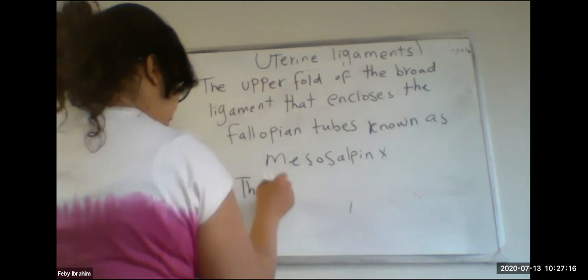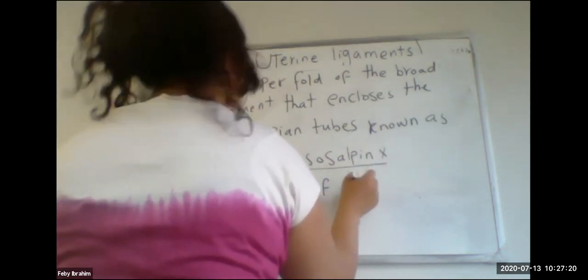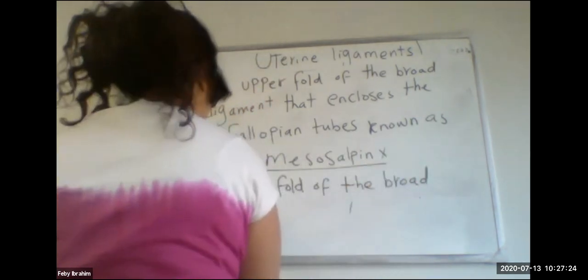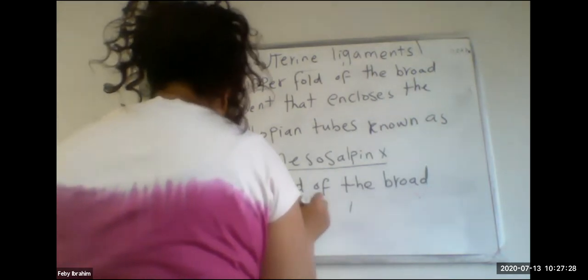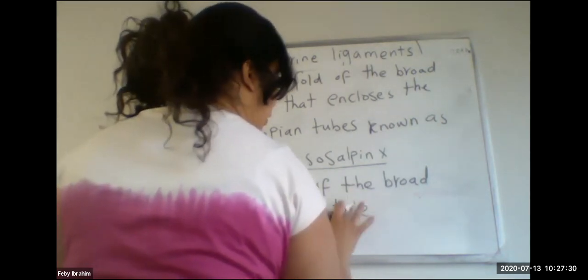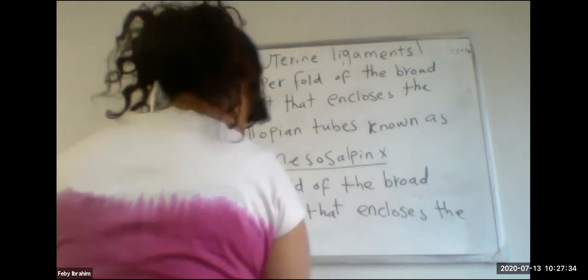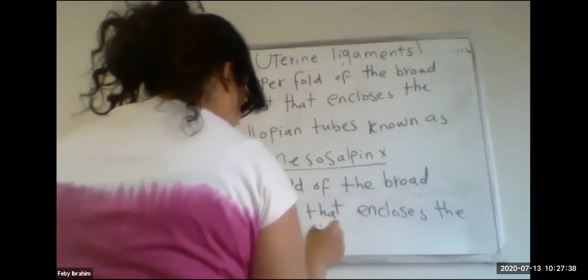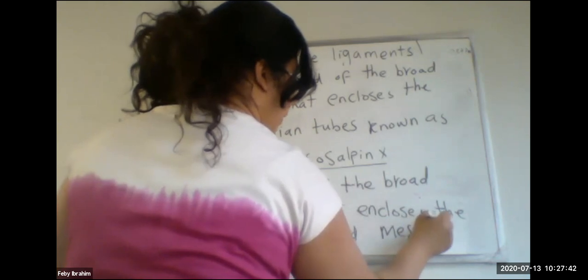The fold of the broad ligament that includes the uterus is called mesometrium.